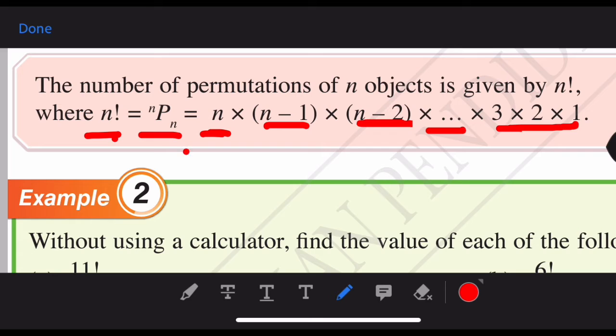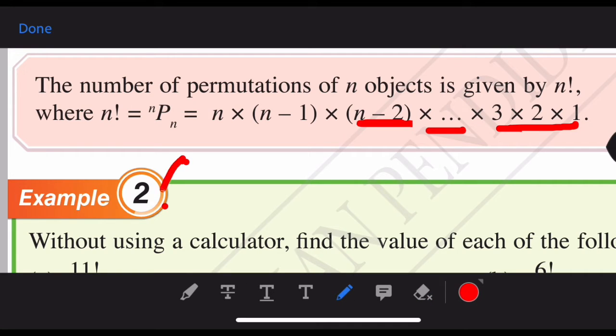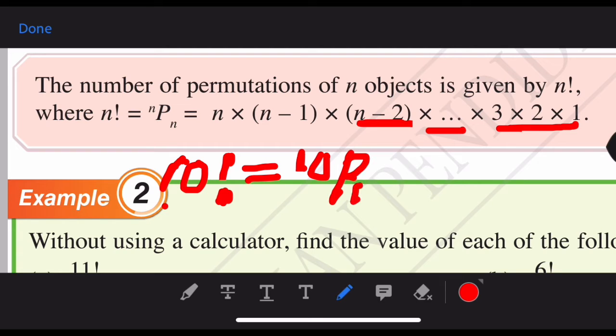Let's say you have 10 factorial. If you press your calculator 10 factorial, you can try. You can write as 10P10.